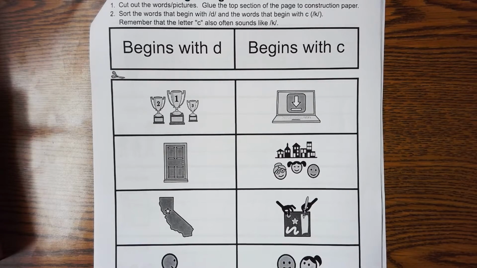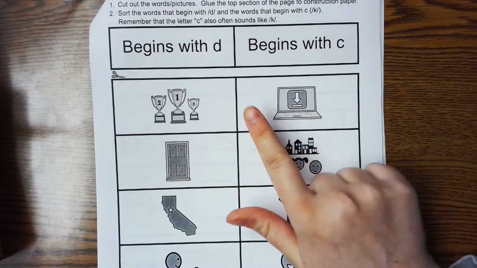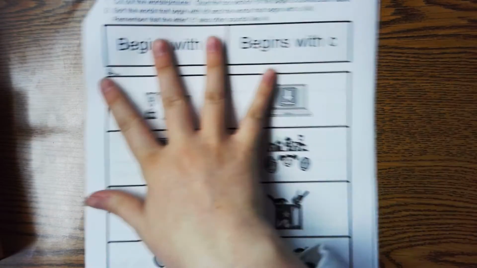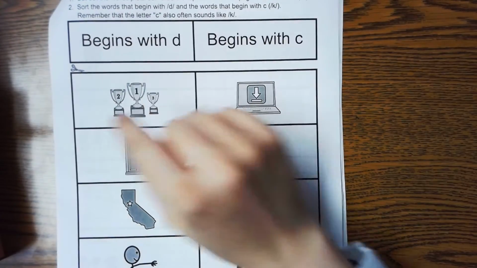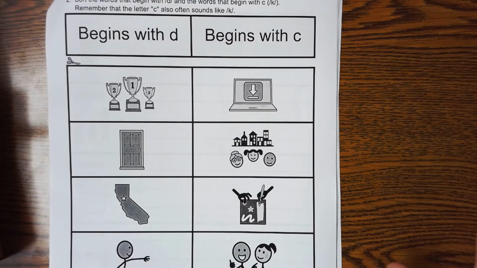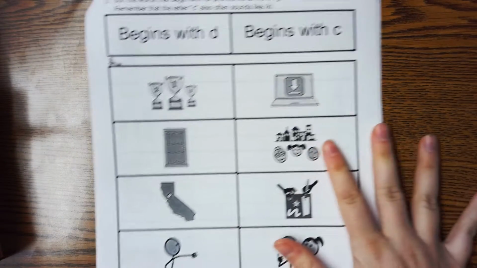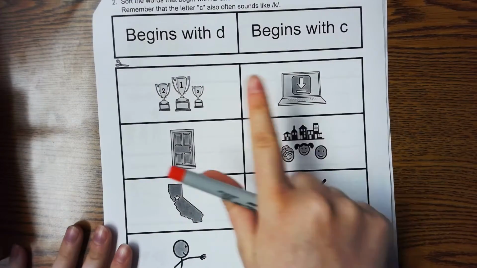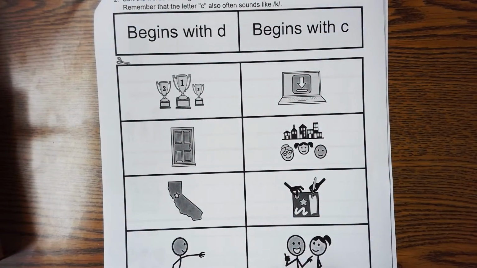So here the directions say that you can cut and then glue, you can sort them onto a piece of paper. So you can cut and glue all the letters that start with D in one column and C in one column. So you can do that if you'd like to cut and paste, or what you can do is just write the letter next to each one.